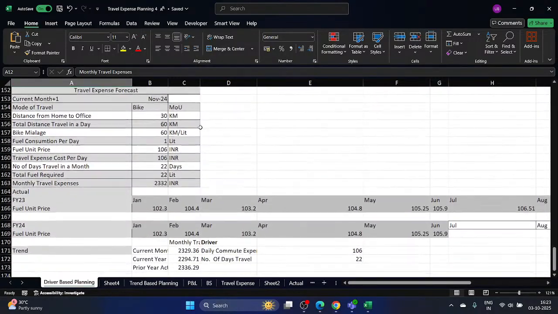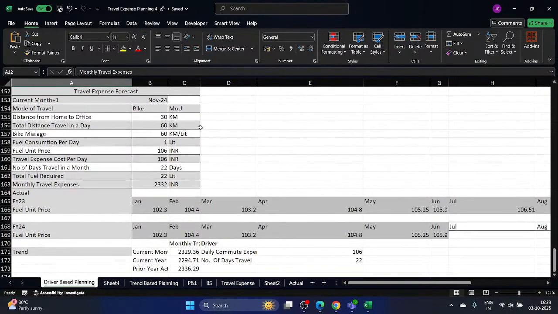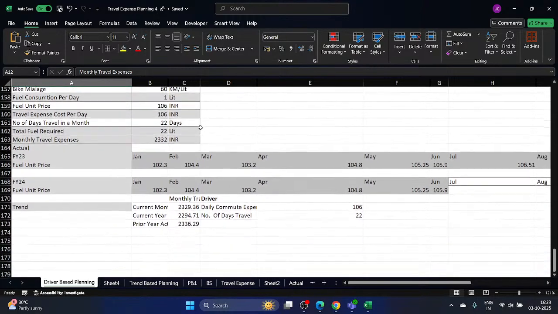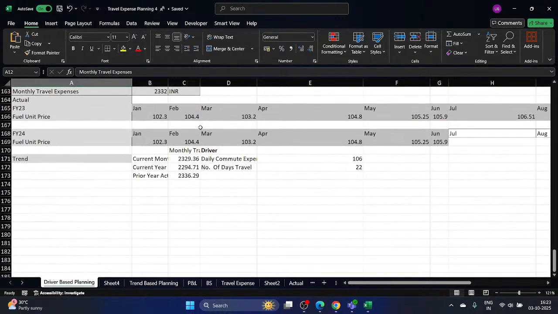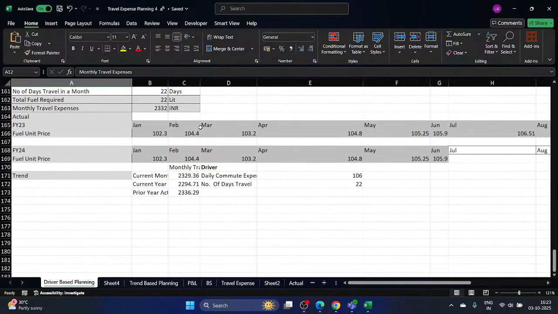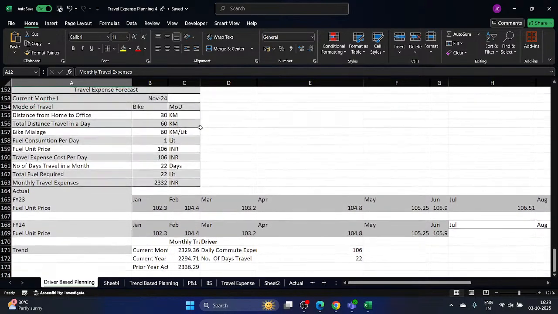If there is a certain amount of reduction or inflation in the price, this is actually the trend here.